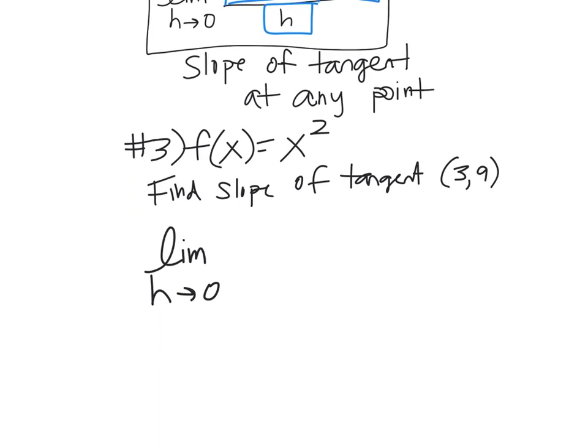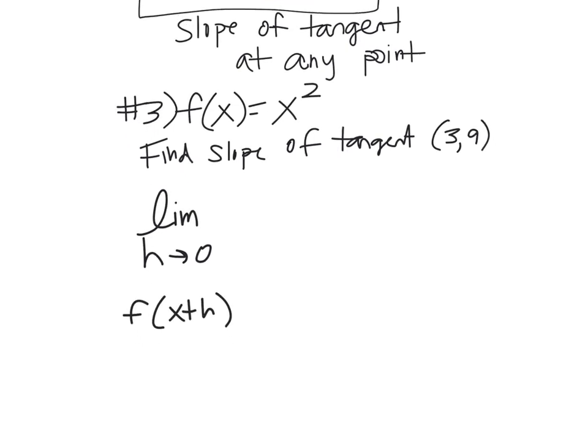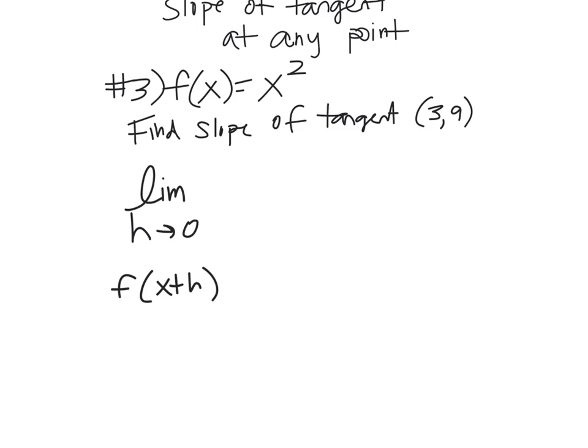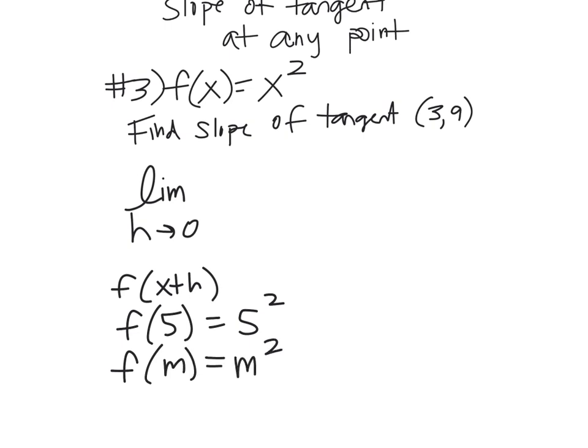First of all, we need to find out what f of x plus h is. Our function is x squared. If I asked you what f of 5 is, you would plug in 5 and square it. What if I asked you what f of m was? You would plug in m and square it.